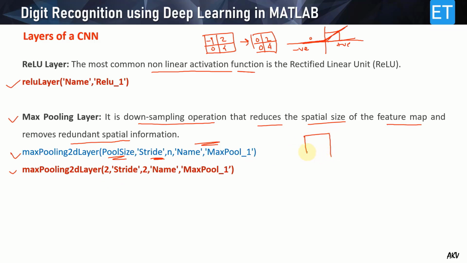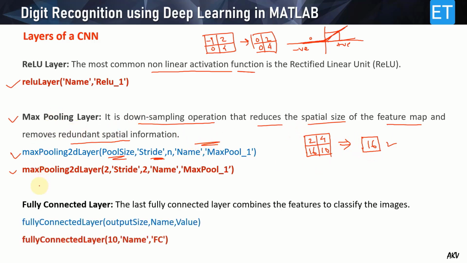So after the ReLU, I will use a 2x2 window. Inside this 2x2 window, if I get, let's say, the following values, then after the max pooling I will get a single value. These 4 values will reduce to a single value, that will be 16. Max pooling means I will take the maximum out of these 4, so that is 16. That's how I'm doing the downsampling, to reduce the size and complexity, or reduce the redundancy in the network.